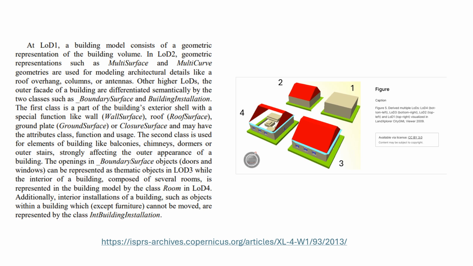LOD1 is just extruding the roof up to a flat expression. LOD2 would include a shape to the roof, but also things like overhangs. LOD3 would include entry points into the shape, so windows and doors. And LOD4 would include non-movable parts of the interior of a building.